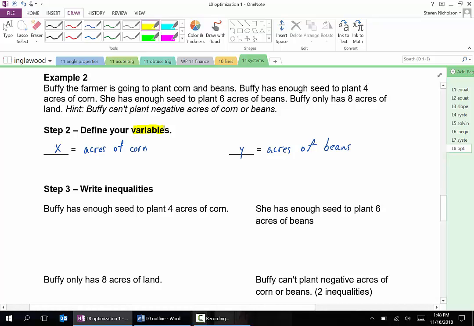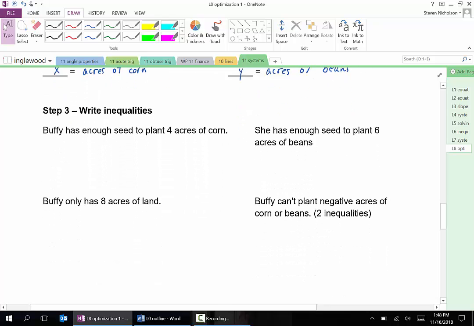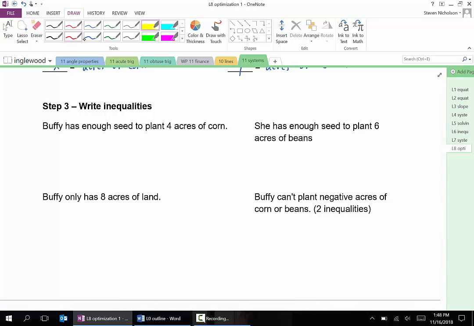So again, what can change? When we see this, you have to read the story and ask, well, what can change? And again, most of this is logical. So how do you write this sentence mathematically? Buffy has enough seeds to plant 4 acres of corn. Well, again, really what that says is she can plant no acres, 1 acre, 2 acres, whatever.